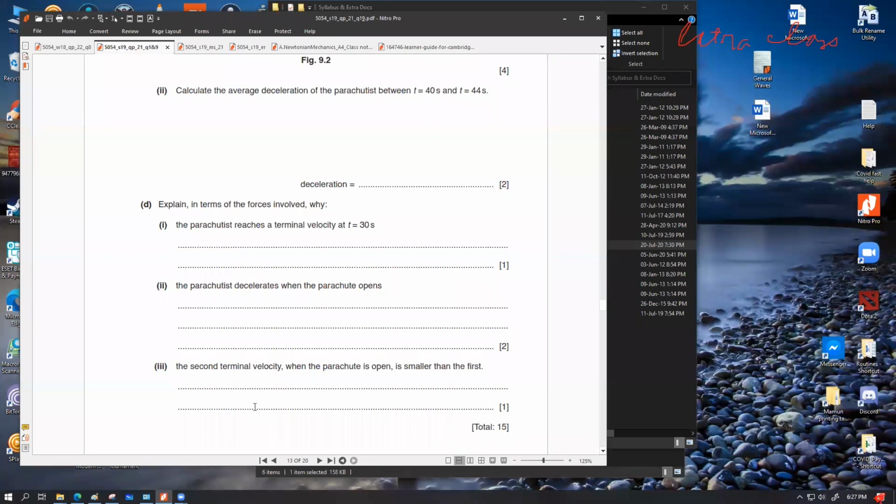I'm saying it again, slowly, you think about it: because of the large surface area of the opened parachute, the same air resistance equal to weight could be obtained at a lower speed. Is it clear what I said?